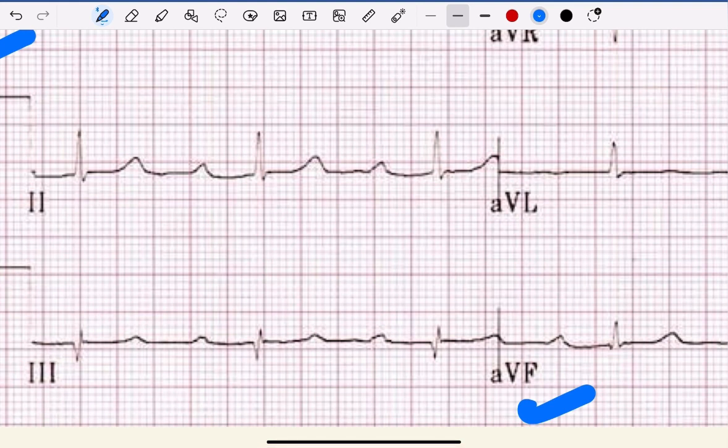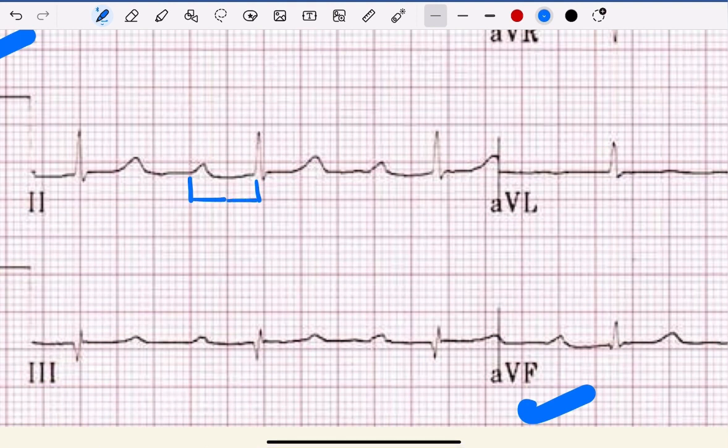Now after ensuring that all the waves are normal, you have to come to the intervals. The first interval we come across is the PR interval. PR interval simply means the start of the P wave to the start of the QRS. If you look at this PR interval, it is from here to almost here, one big box and 4 small boxes.